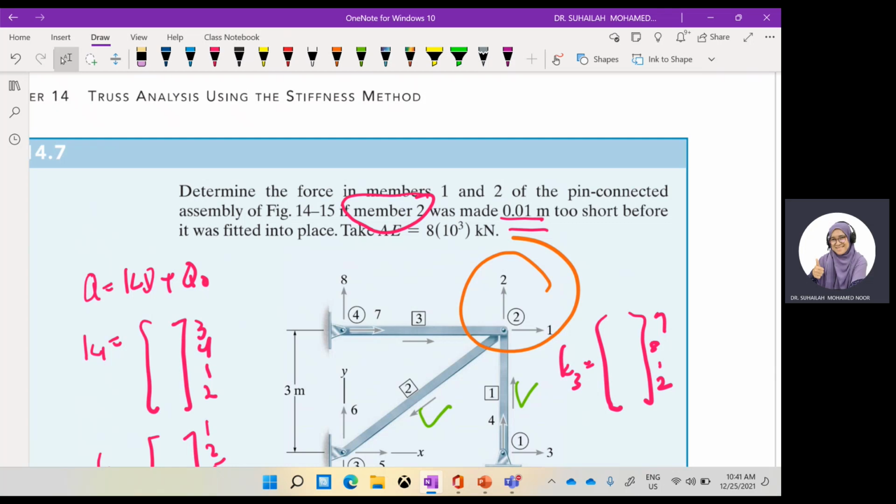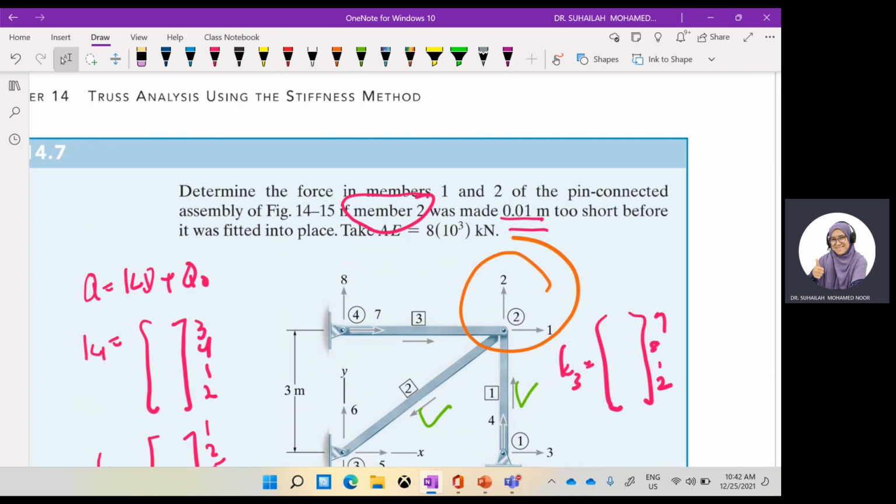Please remember, for fabrication error and temperature changes using the stiffness matrix method, in order to calculate displacement we have to consider these as equivalent nodal forces. We calculate element by element the equivalent element nodal forces, then combine them to get the equivalent nodal forces Q naught.